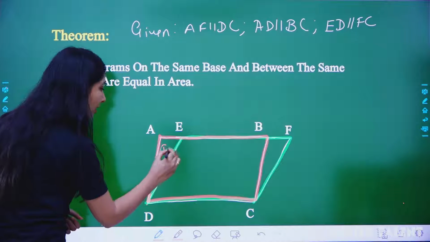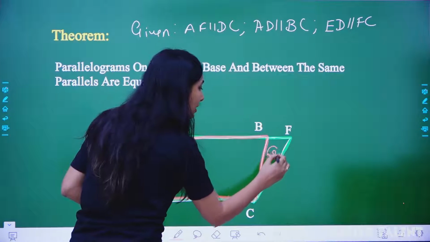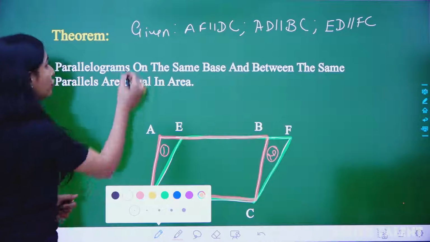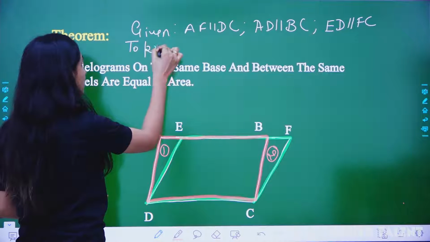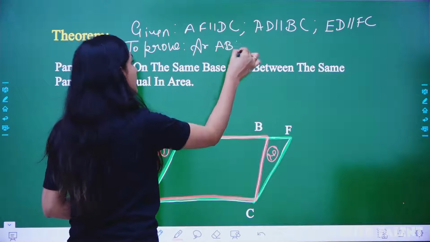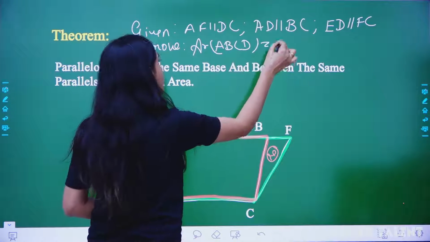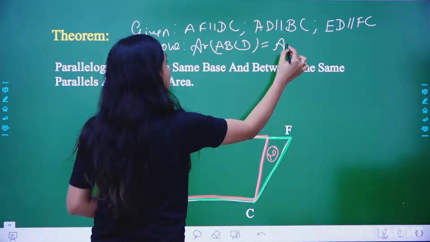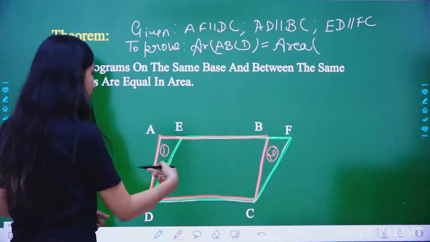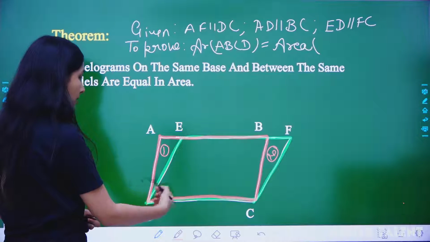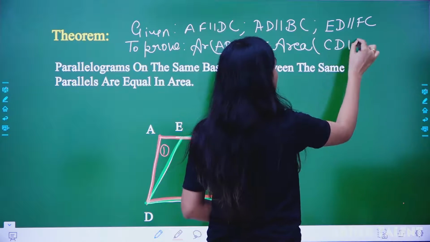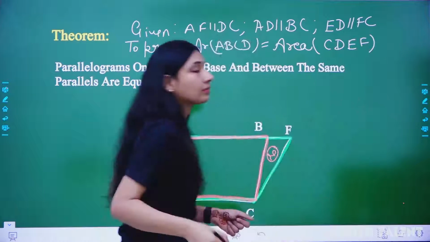Okay, so we have these two parallelograms here, the first and second that you can see. What we have to prove is area ABCD is equal to area CDEF.